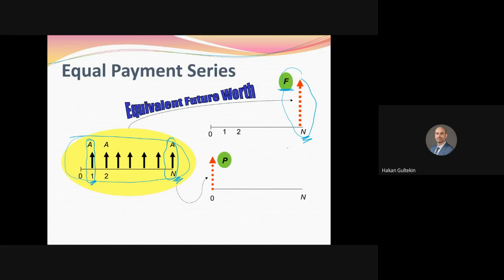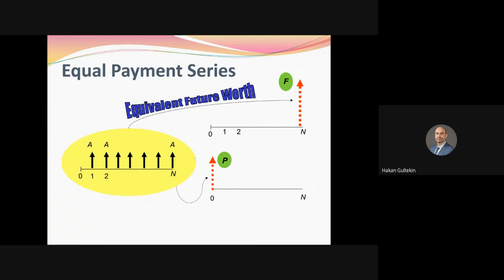Be careful, this is extremely important, as I say. So the first one should be at the end of first year, the last one should be at the end of nth year, and if we want to find the future value, we find the future value at the end of nth year using this factor formula. You should memorize this all the time.